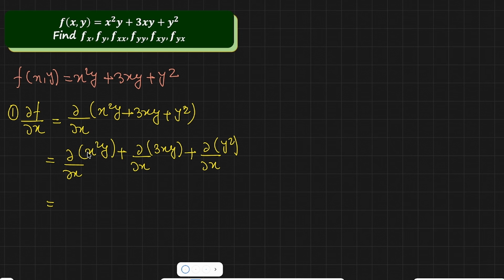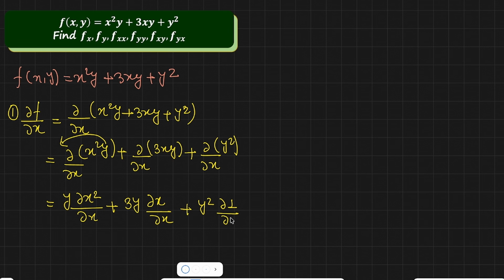Because I am doing partial differentiation with respect to x, my y is constant, so I will take y outside. So this is the partial derivative of x square with respect to x. Here 3 is constant, y is constant, then the partial derivative of x with respect to x. Here y is constant, then the partial derivative of 1 with respect to x.